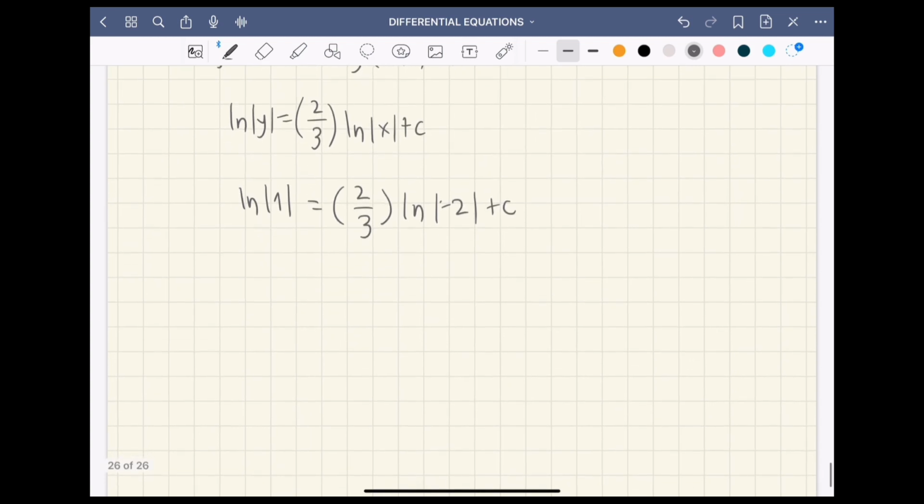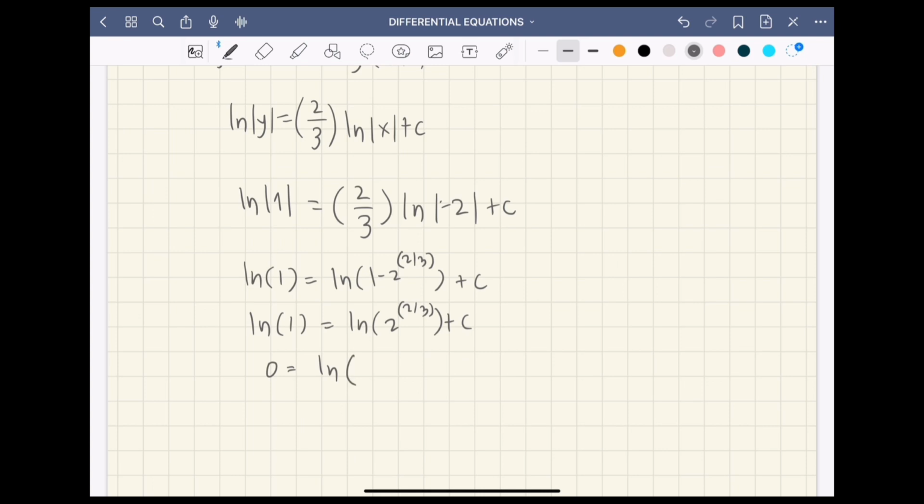So ln of 1 equals ln of 2 raised to 2/3 plus c. 0 equals ln of 2 raised to 2/3 plus c.